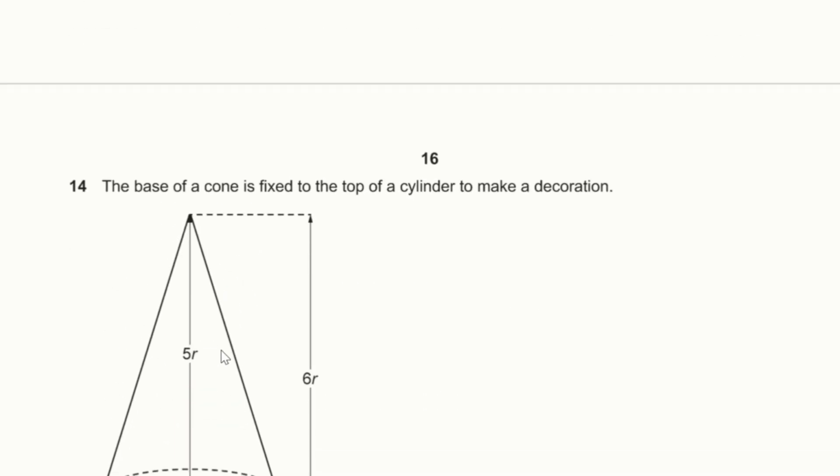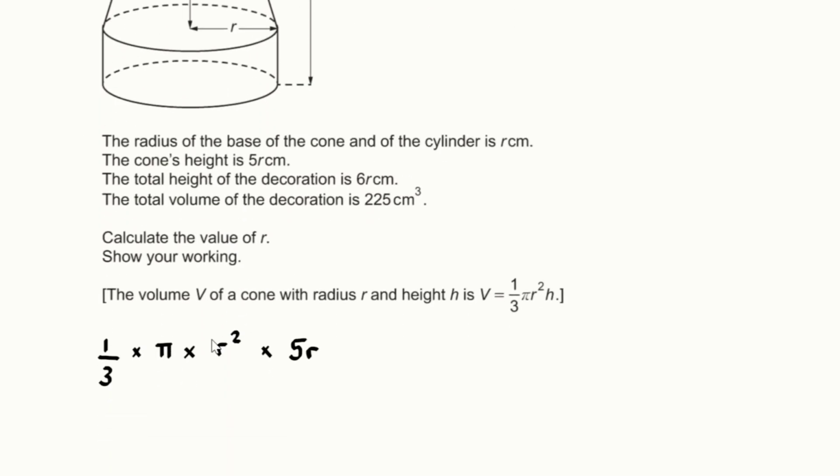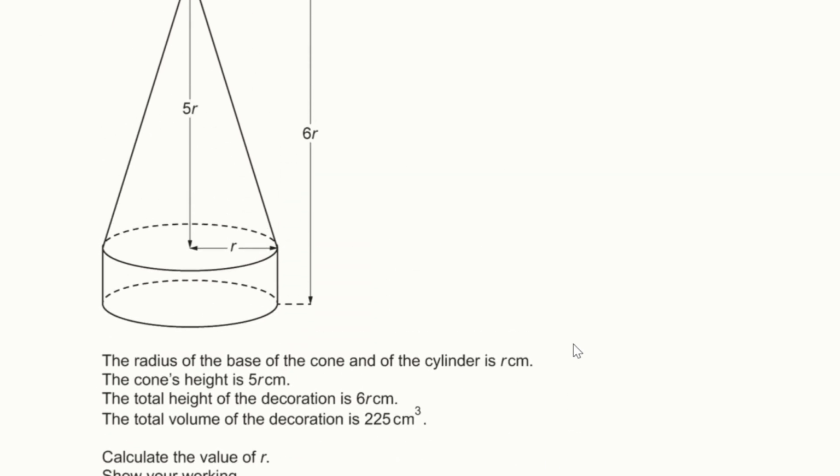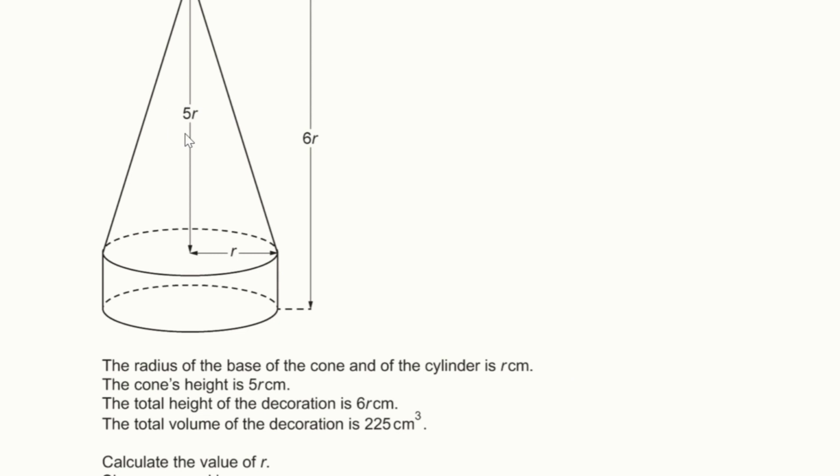The height of the cone is 5r. And then we've got the volume of the cylinder. So here we've got pi multiplied by radius squared multiplied by its height, which is r. And the reason its height is r, 6r take away 5r is just r.